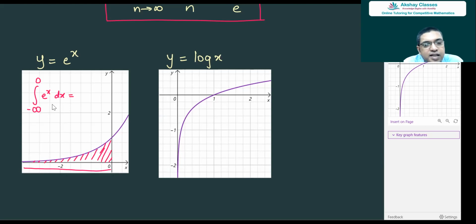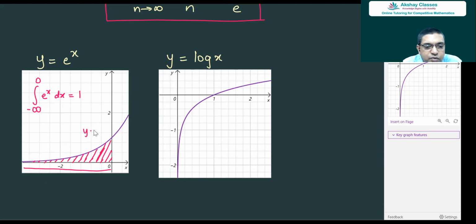You can check it. The integral is e power x. Apply the upper limit: e power 0 is 1, and e power minus infinity becomes 0. So the integral from minus infinity to 0 of e power x is 1. So this particular shaded portion, the value is 1. This area is 1.